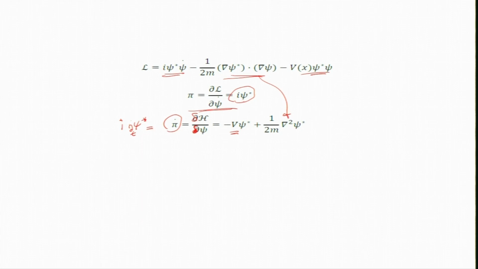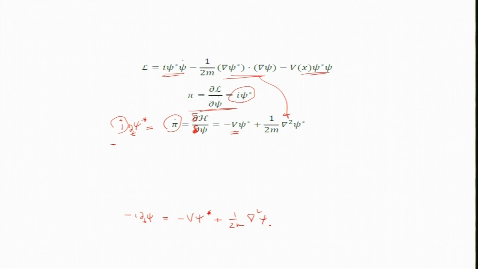Now, there of course is a function of psi star. So, take a complex conjugate of the equation. What will I get if I take the complex conjugate? i becomes minus i, this will change sign. So, let me do it here, minus i dt psi equal to, V is a real function, no? So, V does not get complex conjugated.